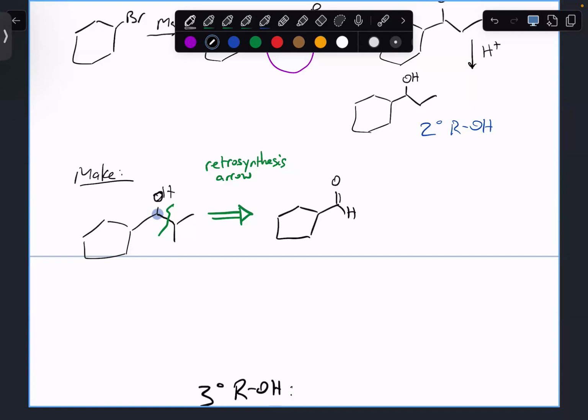So I'm showing, we split this because the carbonyl used to be the carbonyl. So I've got my carbonyl piece. So the other piece, this 3-carbon piece, would have to be the alkyl halide piece. So those would be the two pieces.